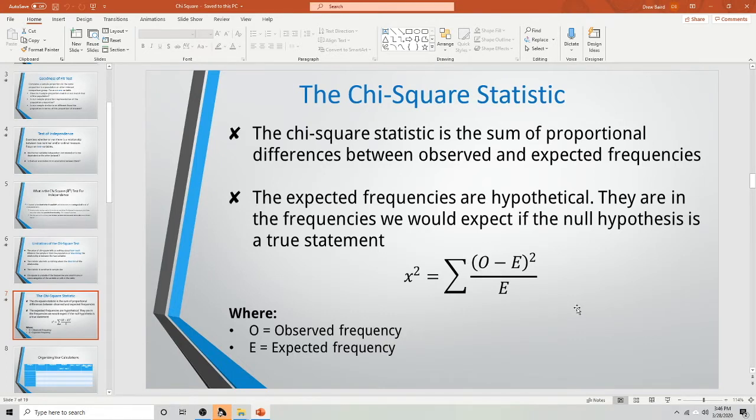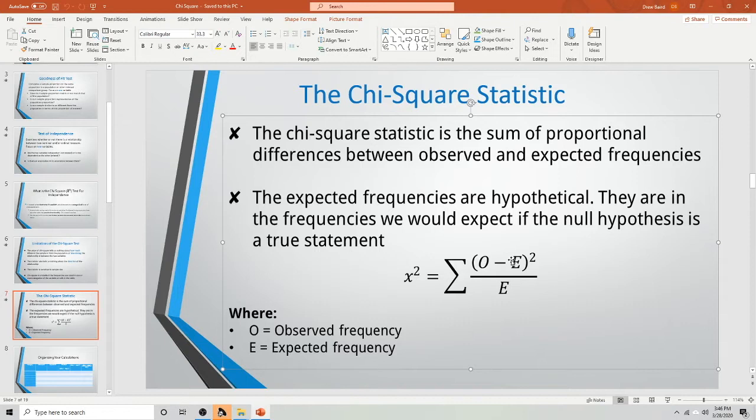Now, I should break down this formula for you. So this is observed frequencies, the number of cases you see fall into given categories in your sample.